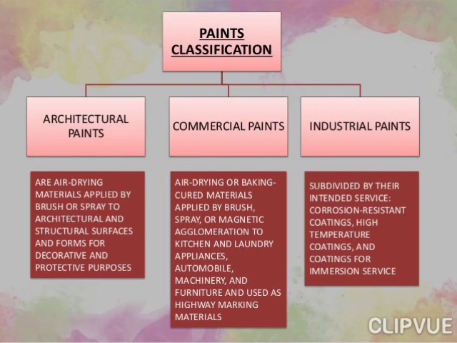These are air drying or baking cured materials applied by brush, spray or magnetic agglomeration to kitchen and laundry appliances, automobile, machinery and furniture, and are used as highway marking materials. The industrial paints, these are subdivided by their intended service: corrosion resistant coatings, high temperature coatings and coatings for immersion service.